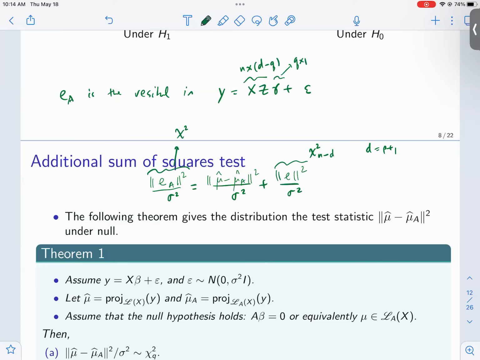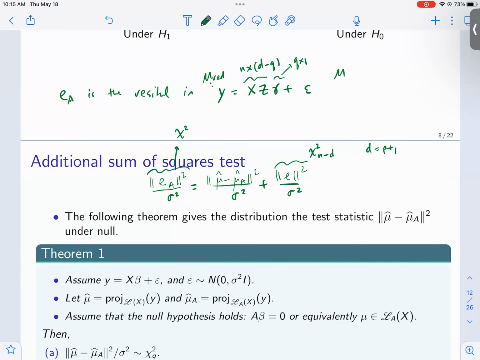In that case, what is the degrees of freedom of this? So the full model is y equals X beta plus epsilon. This is n by d, and this is d by 1. The residual sum of squares has degrees of freedom n minus d.